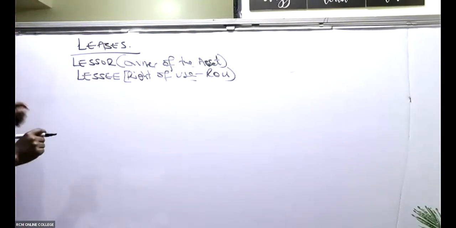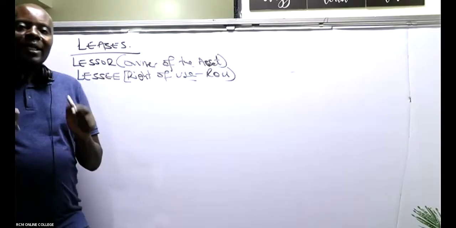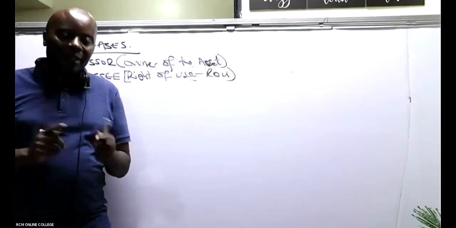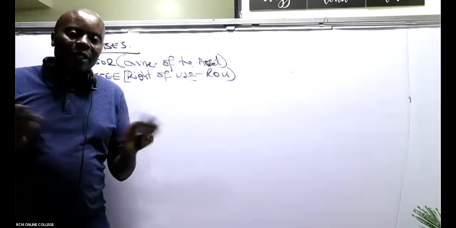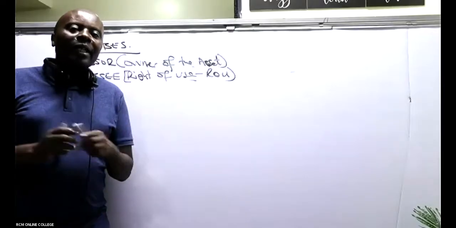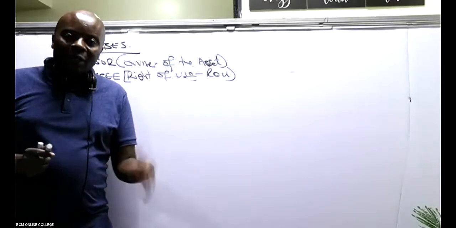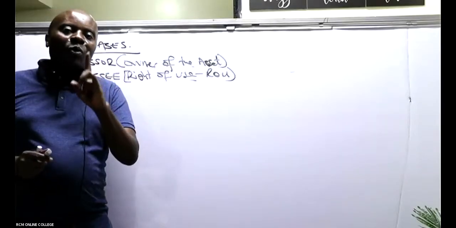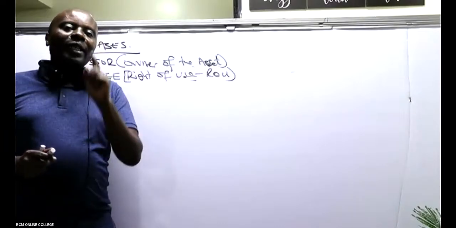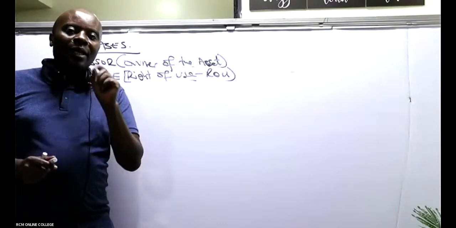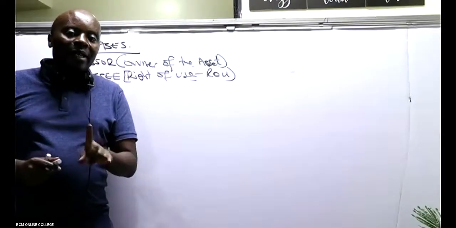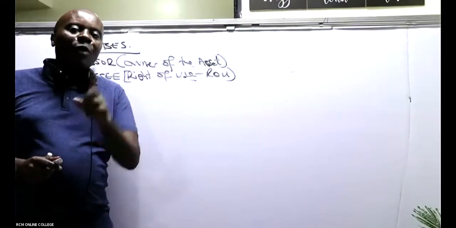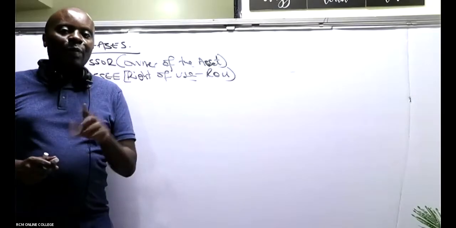So he's given the right to use this particular asset, which he doesn't own. And then at the end of each month, or even at the beginning of each month, he'll be required to pay what we call lease rentals. He'll also be required to stay in these premises for a specified period.